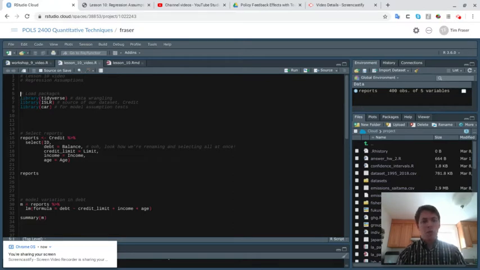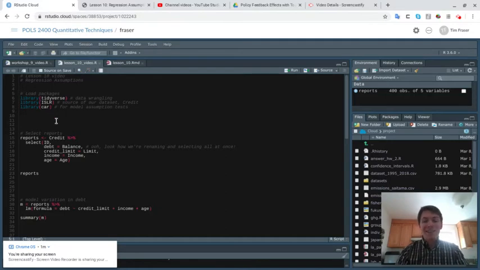So this lesson uses the example of 1,000 credit reports. Each row in the data frame is a different customer who has a credit report. The outcome variable is going to be the amount of debt that they have, and their predictors will be certain traits about them.